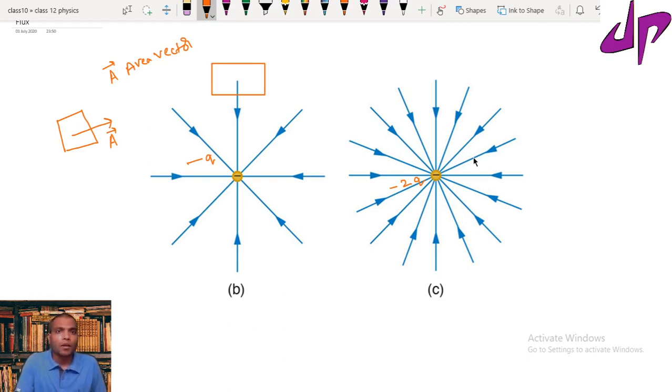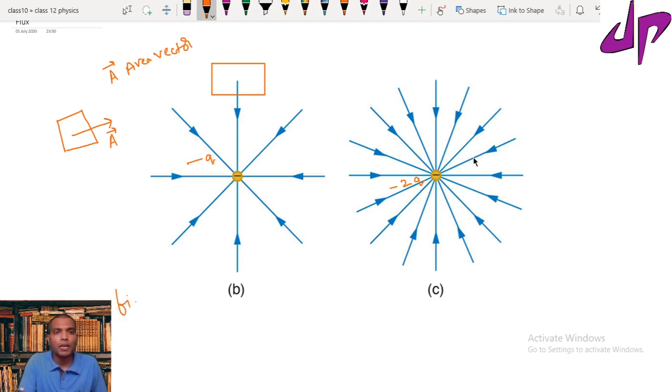Okay. Now through the surface, how many electric field lines are coming out or coming in or going through? The answer is 1.